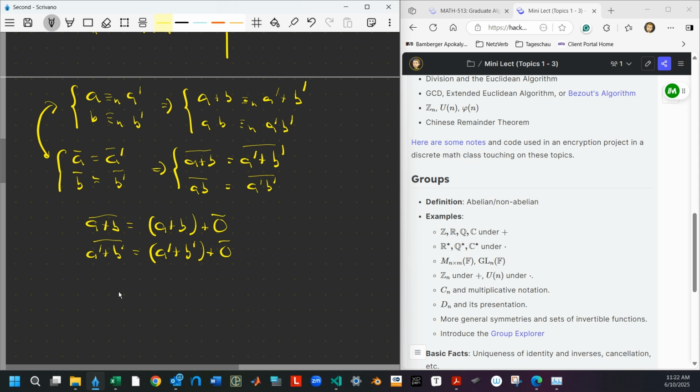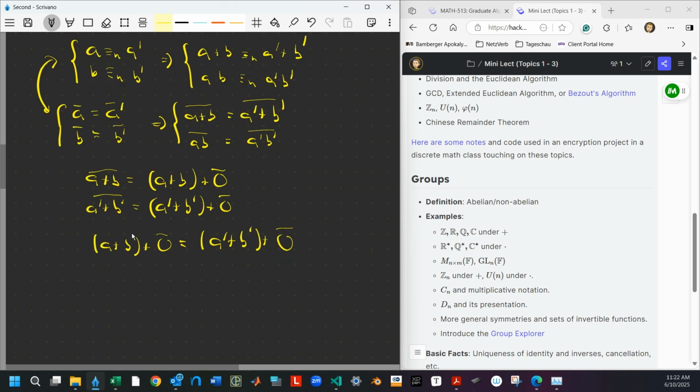We're trying to show that A plus B plus 0 bar is equal to A prime plus B prime plus 0 bar, right? So that's what we're trying to show. Let's see if I can do this. So I do have A plus B. I think we can do it this way. Plus 0 bar is equal to A plus, I'm going to do this in a slightly funny way. Okay, I'm just sort of doing this at the spur of the moment. So if I take something in 0 bar and something in 0 bar and add them together, and I look at all the ways of doing that, I just get 0 bar back.